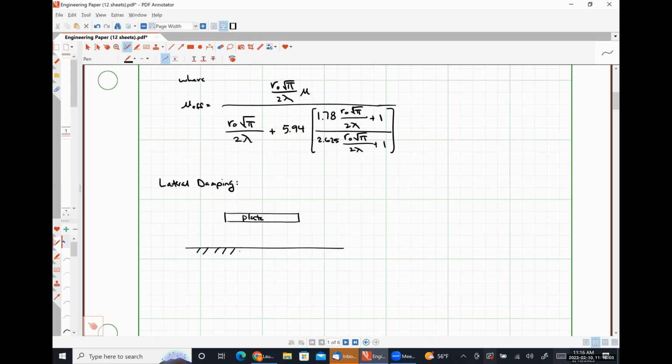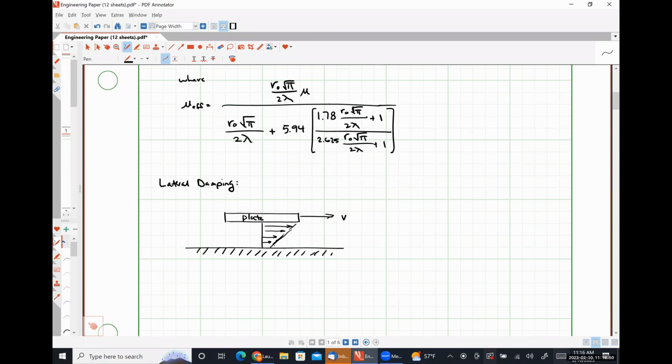Down here, we have our substrate, which is obviously stationary, and say that our plate is moving to the right with some velocity v. What's going to happen is that air gets dragged along with the plate due to shear flow between the plate and the substrate. So we're going to have a profile something like this. I'm trying to draw effectively a straight line like that, representing the shear flow of the air.